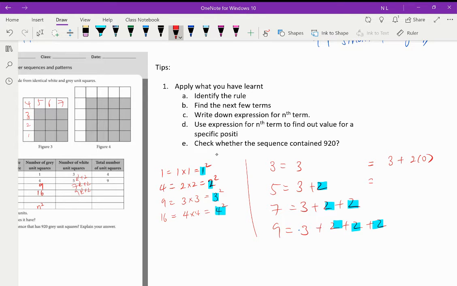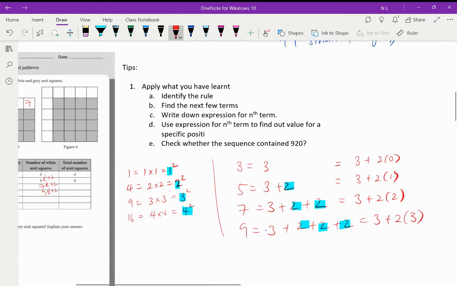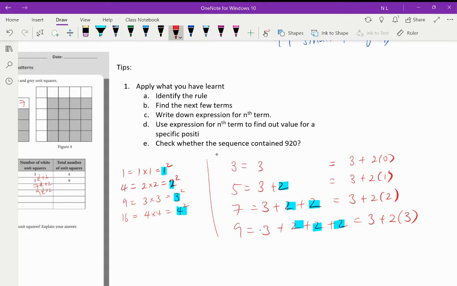The next one, there is only 1 two, so I can write 3 plus 2 times 1. The next one, I can write as 3 plus 2 times 2. And for figure 4, I can write 3 plus 2 times 3. So this one is the first figure, second, third, fourth.